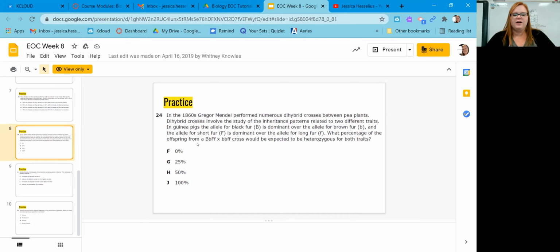What percentage of the offspring from this cross between these two parents, a heterozygous parent for both traits and a homozygous recessive parent for both traits, would be expected to be heterozygous for both traits. So basically, we want to know when we cross these two parents, what percent of their kids are going to be this, okay? Again, I'm going to do it in the fraction method.